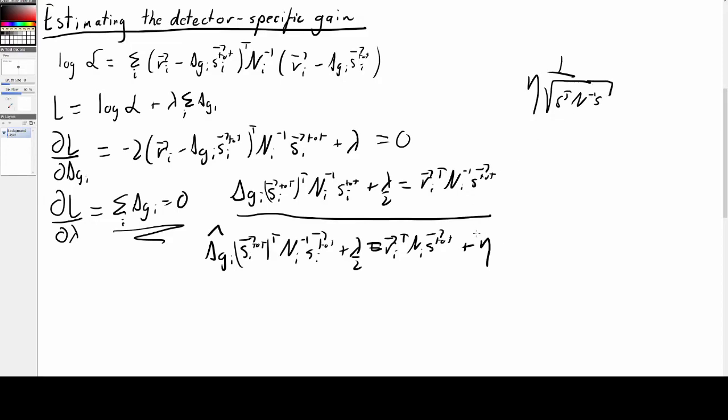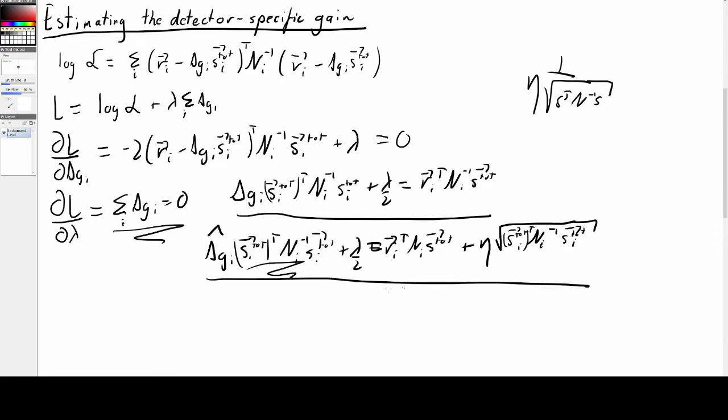And in order to get that with this factor on the left-hand side, we have to have this in the numerator instead. So s^tot. Like this. So this is our sampling equation for delta g_i.